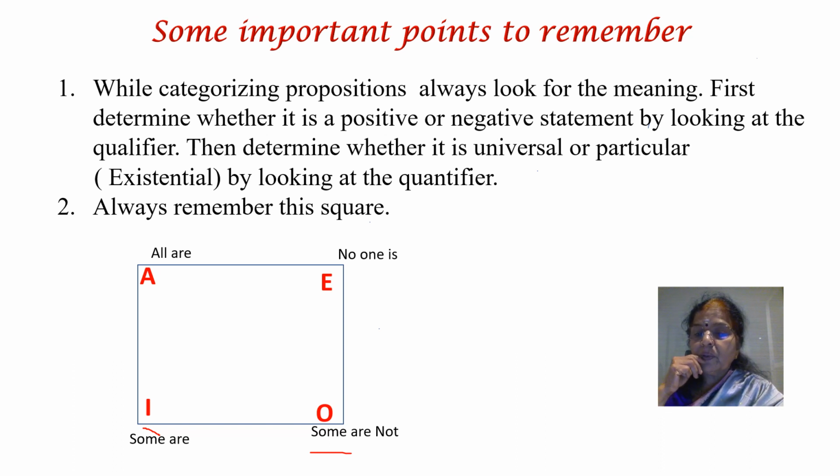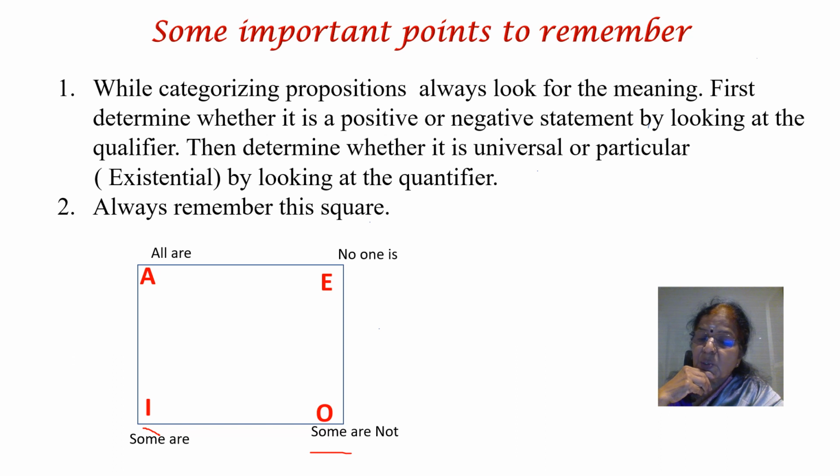And also, one more important thing: all except one is present in the class. So present, that is positive. So the qualifier states it is a positive affirmative statement. But all except one, even then it is universal A. So one exception is permissible, the number one, either this way or that way.